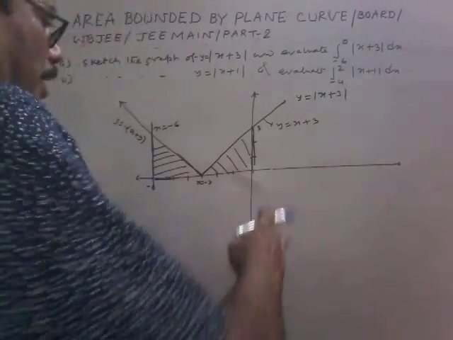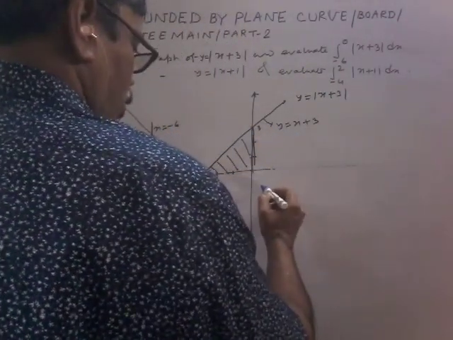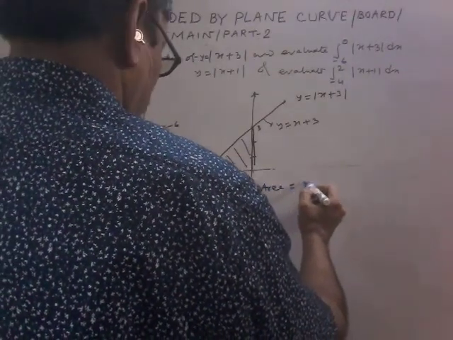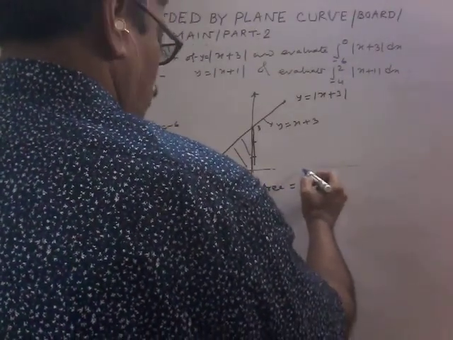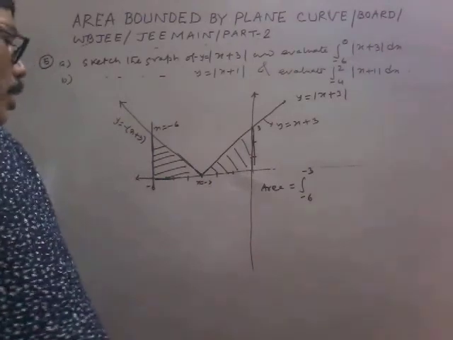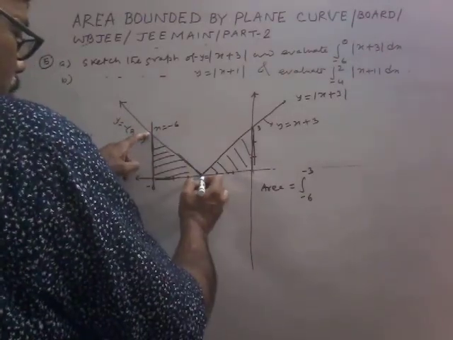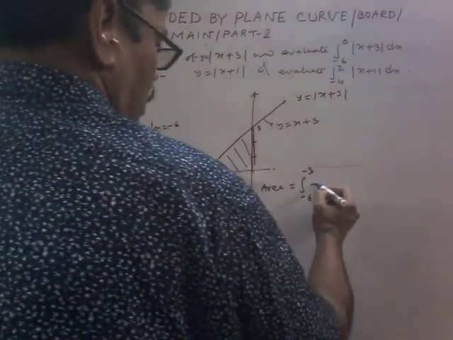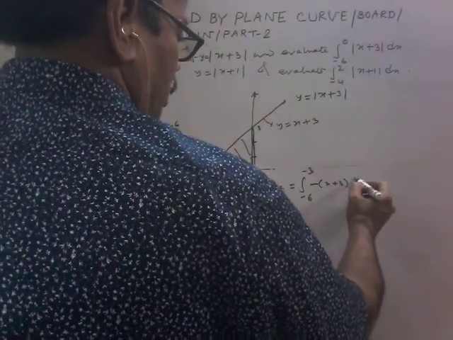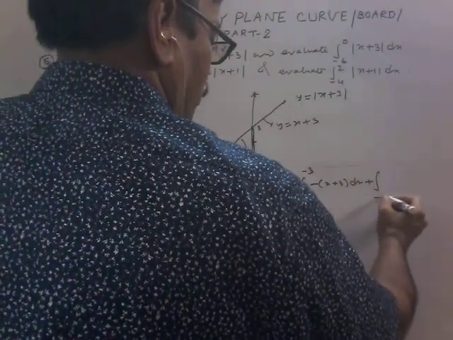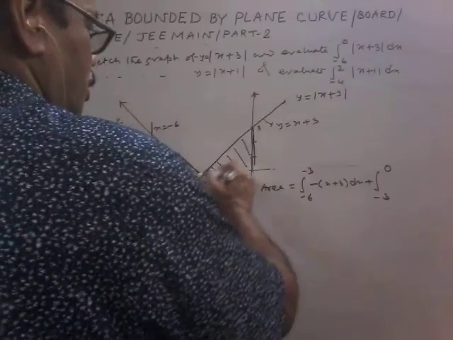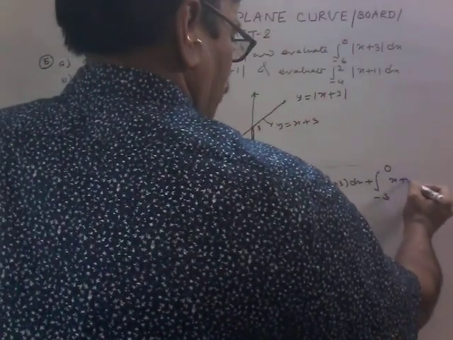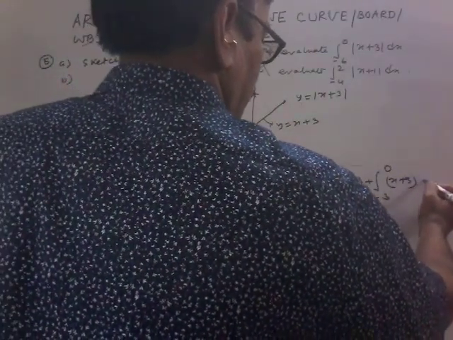So what is the area? Area equals, look, minus 6 to minus 3, this curve, minus x plus 3 dx, plus minus 3 to 0, this curve, x plus 3 dx.